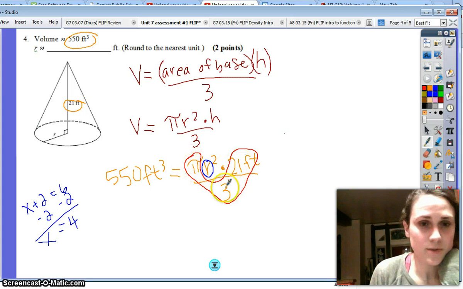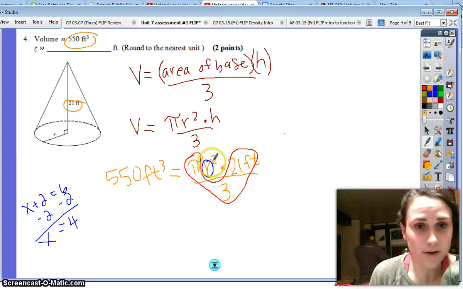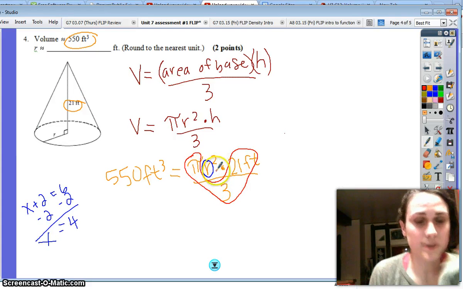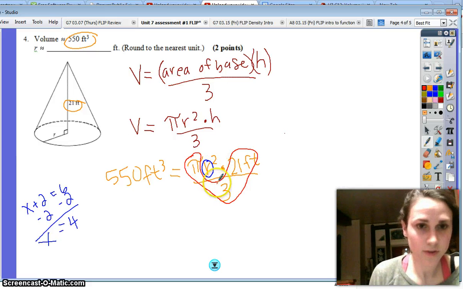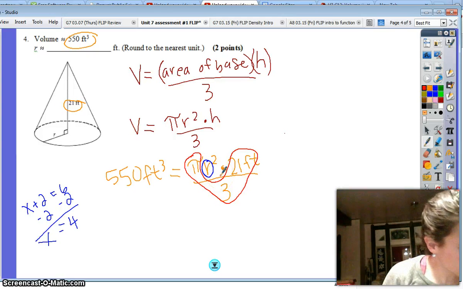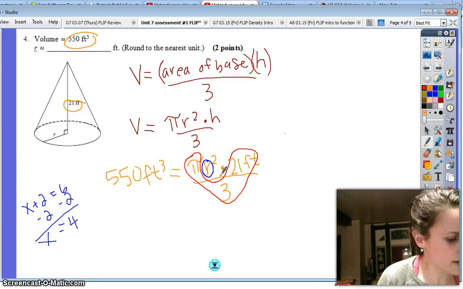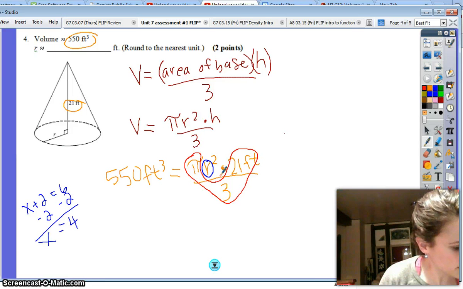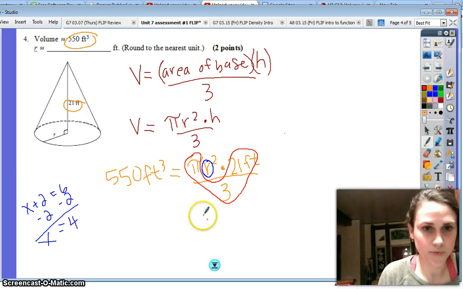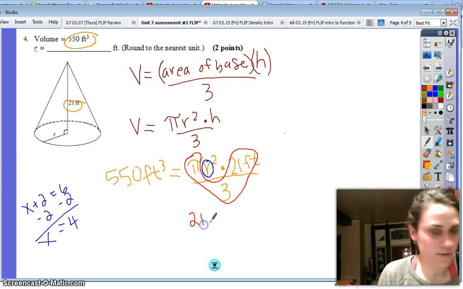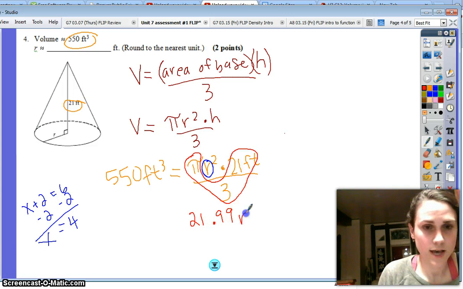I know that pi times 21 divided by 3 is going to be some number that's multiplied by my radius squared, so I'm going to find that value right now. You can do this with me: 21 times pi equals 21 pi, divided by 3 equals 21.99, times r squared.